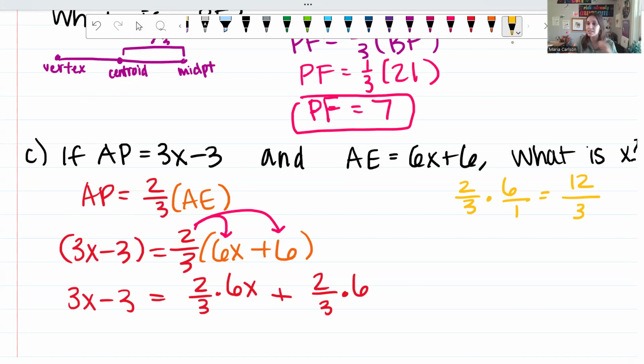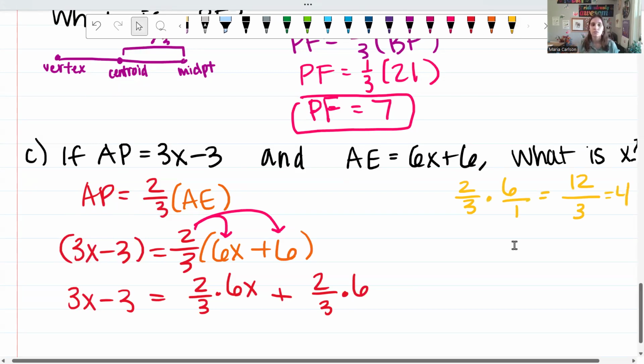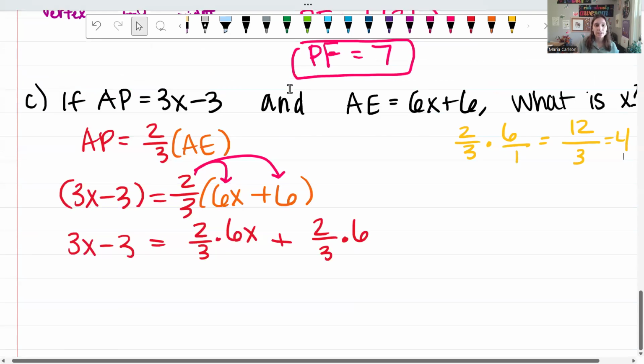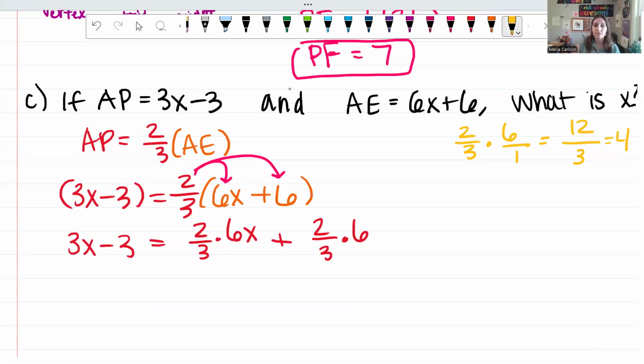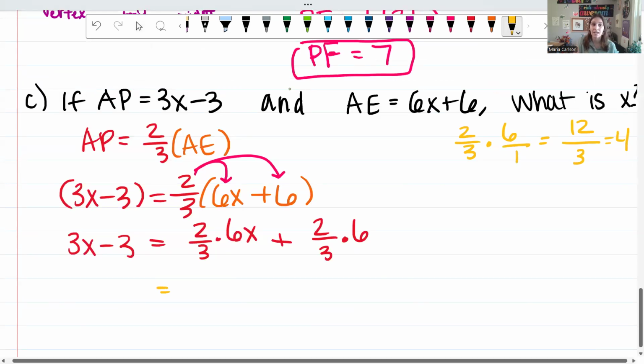So this 2/3 times 6 is really just 12 over 3, which is 4. So instead of 2/3 times 6x, that's really 4x, plus 2/3 times 6, which is 4. Just multiply 6 by 2/3, and the x is part of one of the terms.